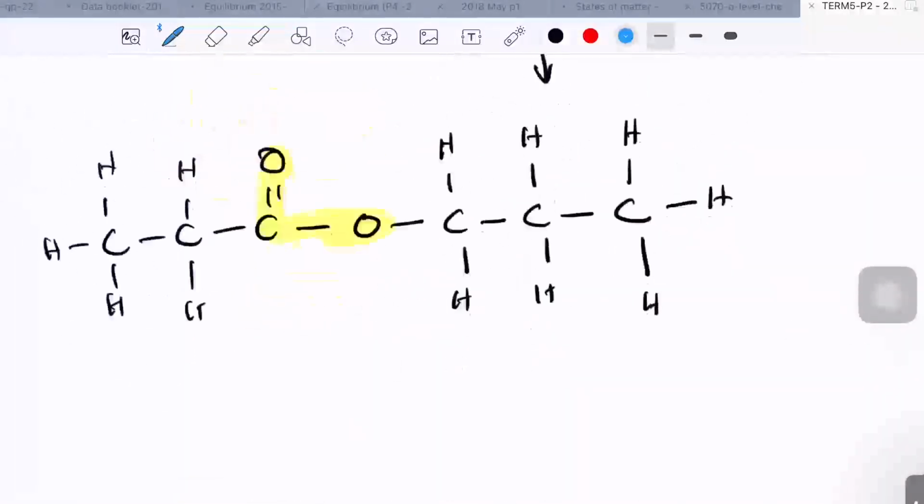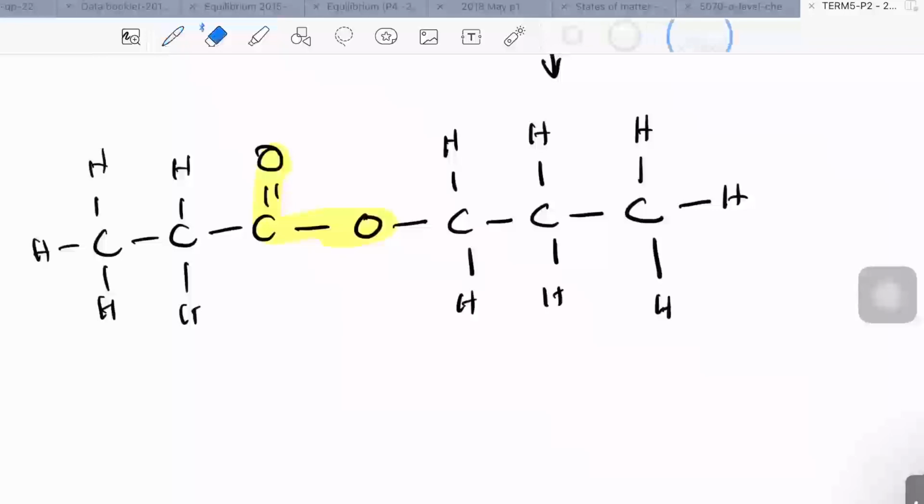Let's look at the name of the next one. What's the name? How do you name this? Propyl? Propyl what? Ethanoate? Butanoate? Pentanoate? Let's look at the name.